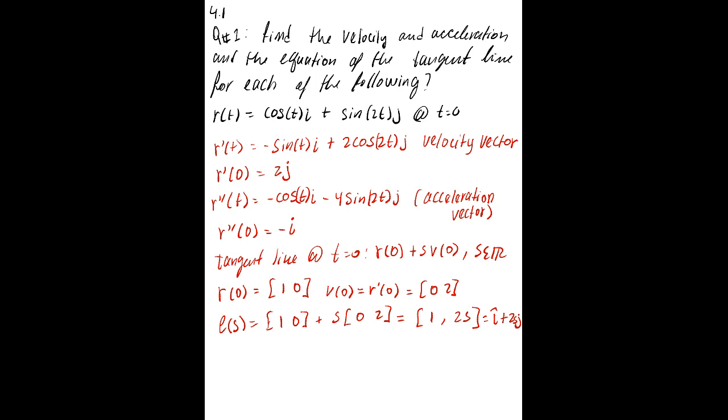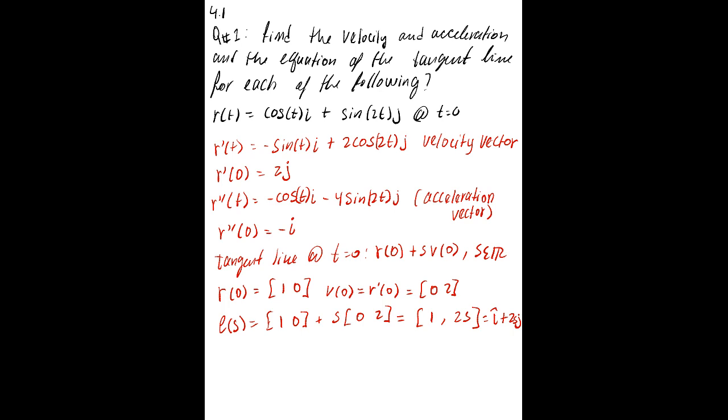So we're given the function r of t equals cosine of t times i plus sine of 2t j, at t equals 0. I started by finding the first derivative, which gives us the velocity vector, and then I evaluated at t equals 0, and I ended up with it being 2j.